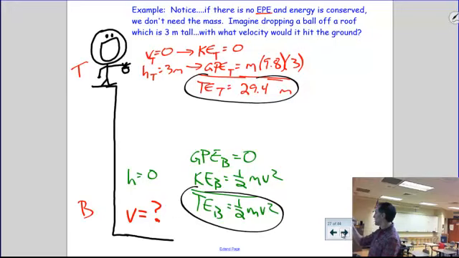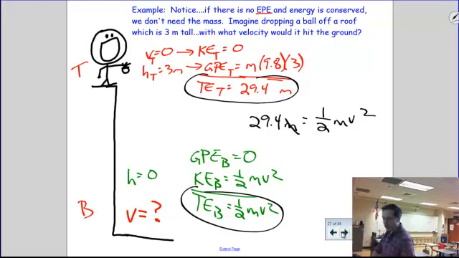Here's my equation: total energy at the top, 29.4 times m, equals 1/2 mv squared. The m's cancel, and now I can solve this. Multiply by 2 and take the square root. So, v equals the square root of 2 times 29.4, and you get 7.67, we'll call it.